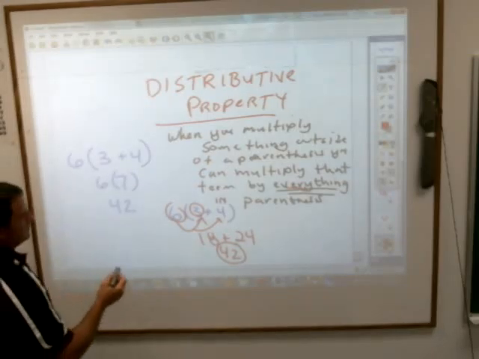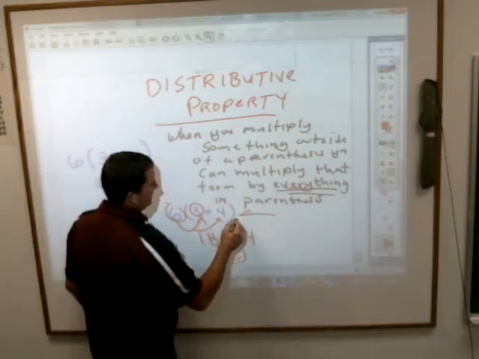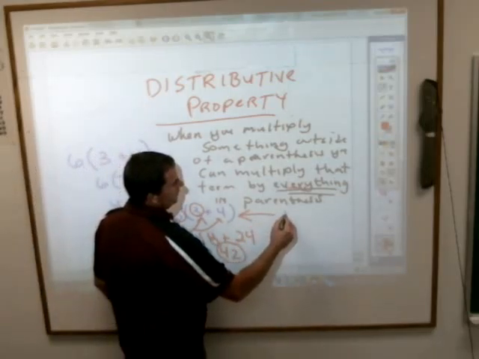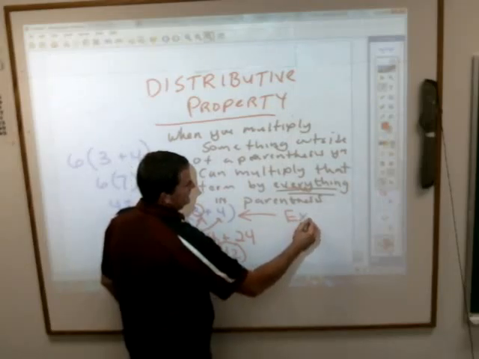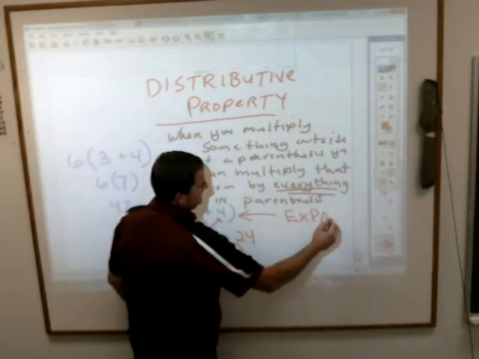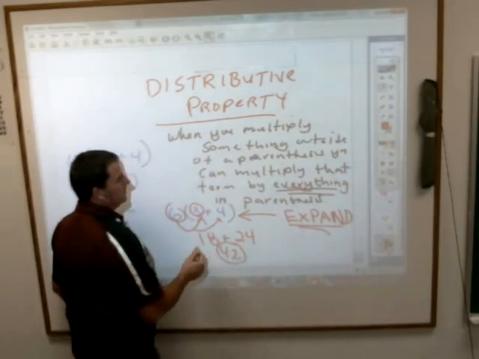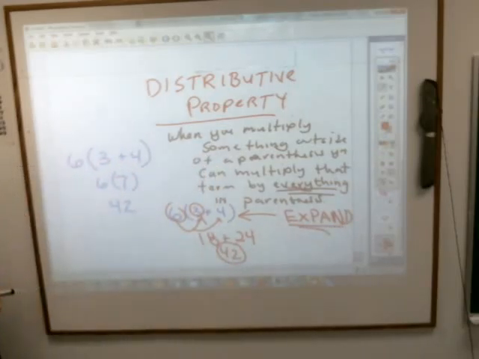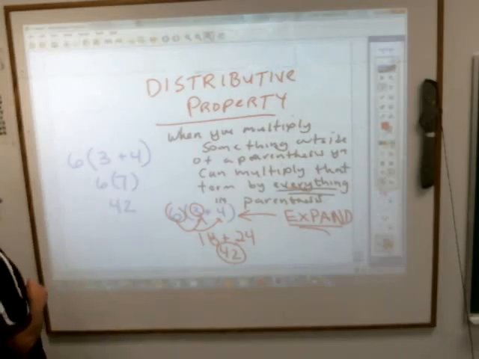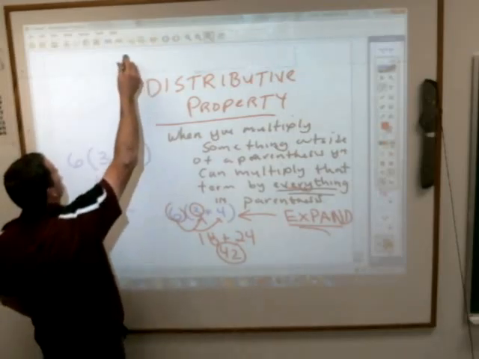Okay, now before you ask why in the world you would do that, let me go over a couple things here. This distributive property, a lot of times the book will use the word expand. If you see that word expand, you should automatically think distributive property. Okay? If you see the word expand, think distributive property. Now, take a look-see here.